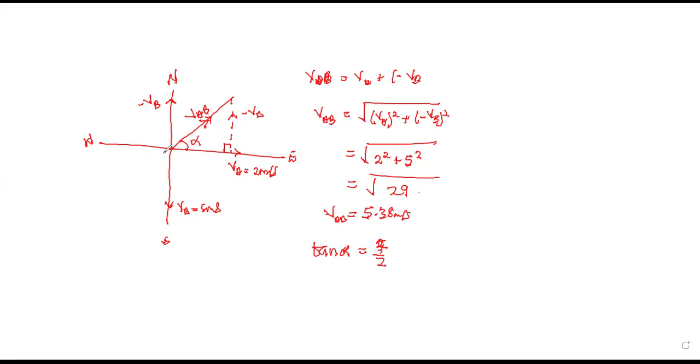Now let's connect this to the question I sent on the platform, I think yesterday or 2 days ago. Two cars P and Q are moving eastwards and northwards respectively. Okay, so let's quickly sketch.